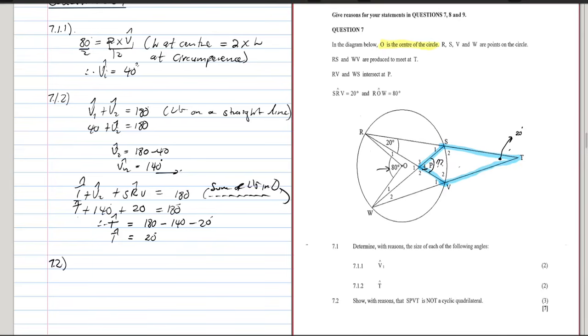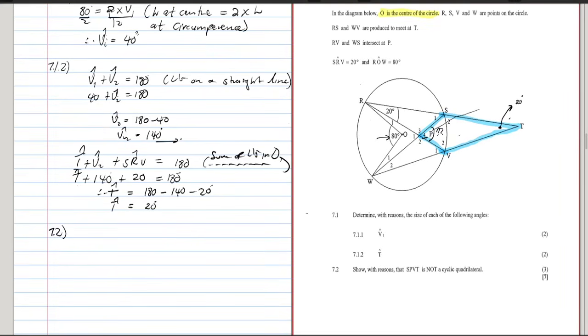You can see that 80 degrees added to the 20 degrees is not giving us 180. So by opposite angles being supplementary, the opposite angles in a cyclic quad should add up to 180. So let's calculate P4. If the sum of P4 and T doesn't give us 180, it's not a cyclic quad. That's the idea with this. But first we'll have to calculate P4.